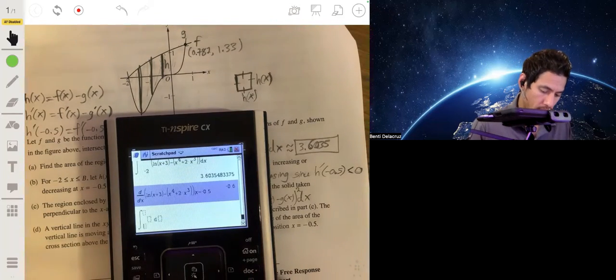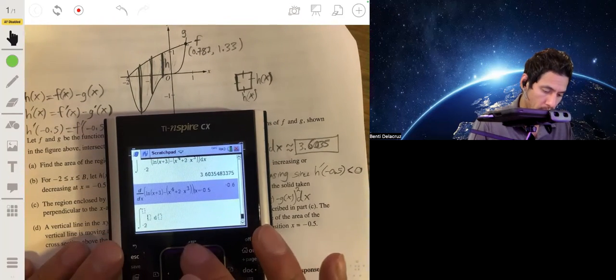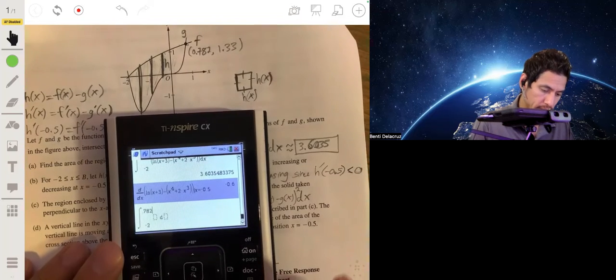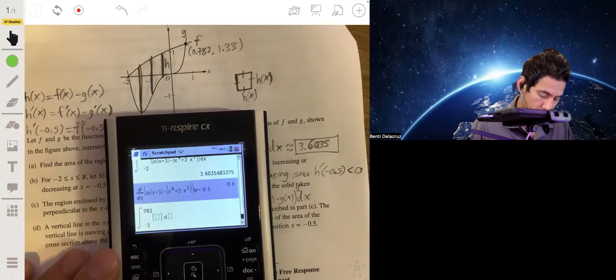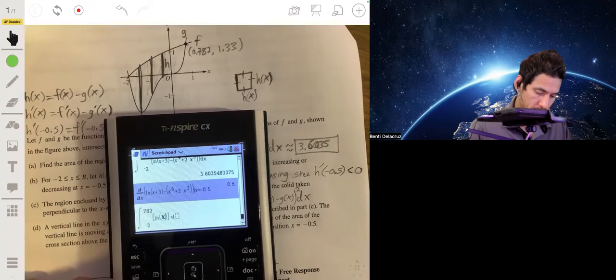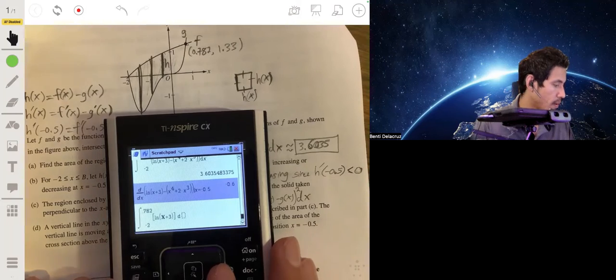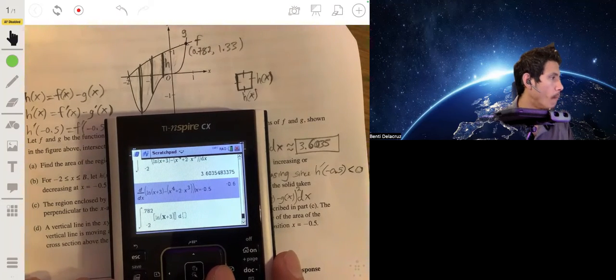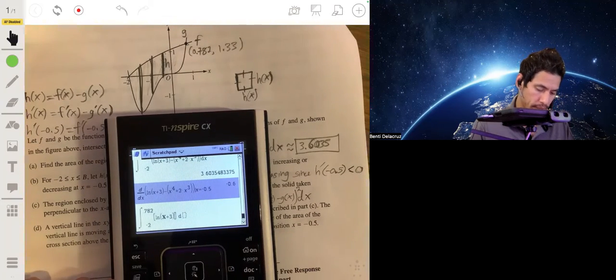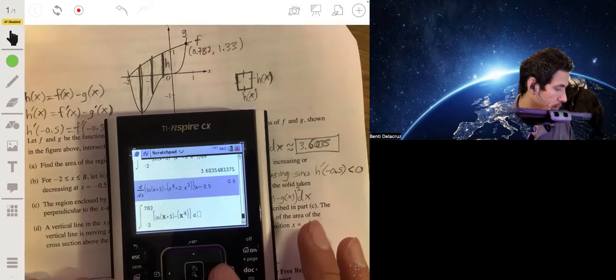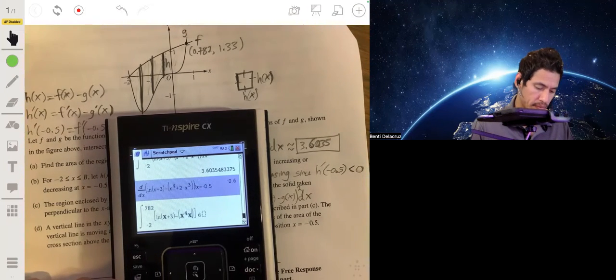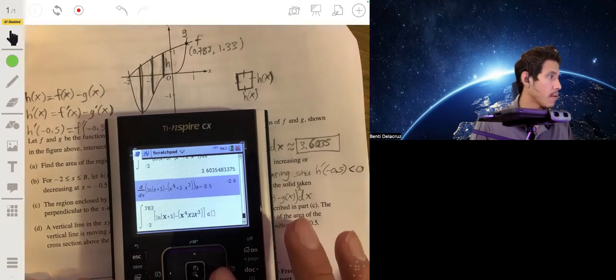Numerical integral, negative 2, 0.782. Natural log of x plus 3 minus x to the 4th plus 2x to the 3rd.